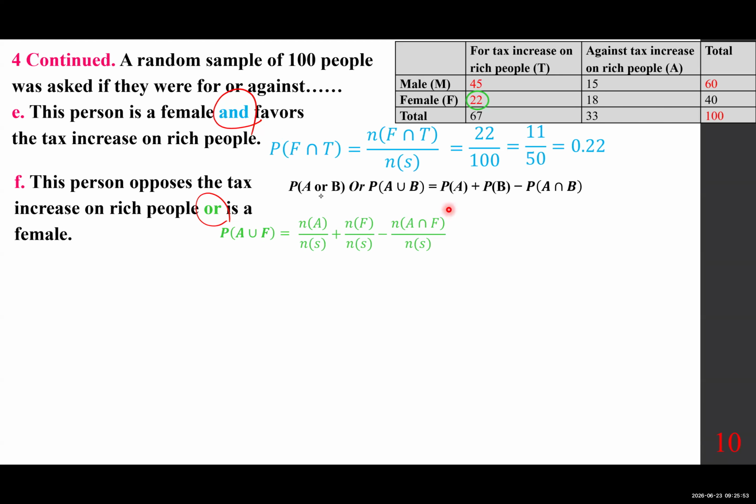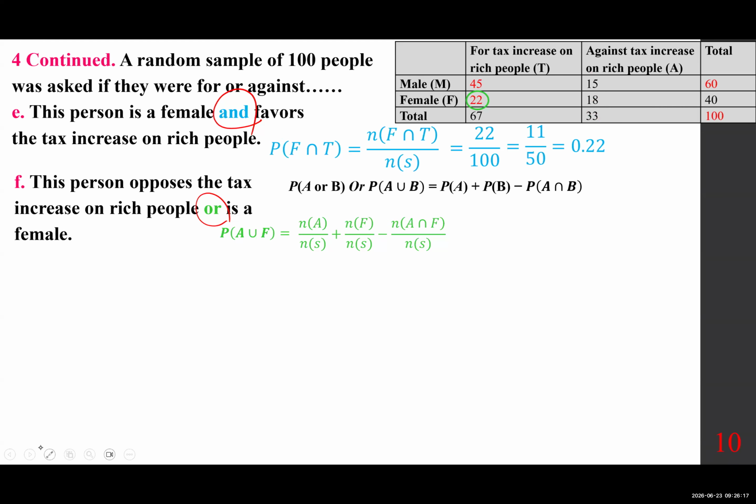If you look at N of A, it's 33. N of F, add these two and you get 40. So what happens? 18 is accounted for 2 times. That's why you take it off once.